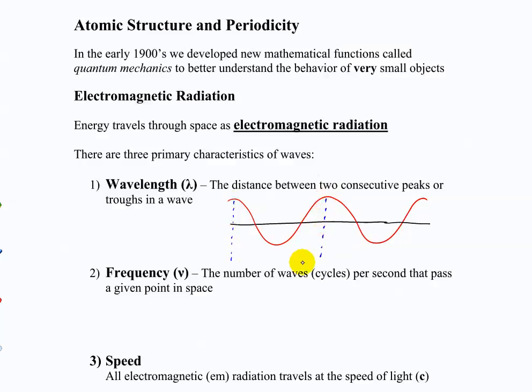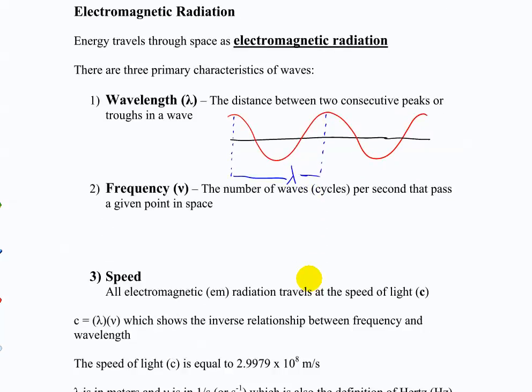If we just look at these two points, this is the wavelength, lambda. So a larger wavelength is a wave that oscillates more slowly, or over greater distance, and a short wavelength is a wave that goes like this.